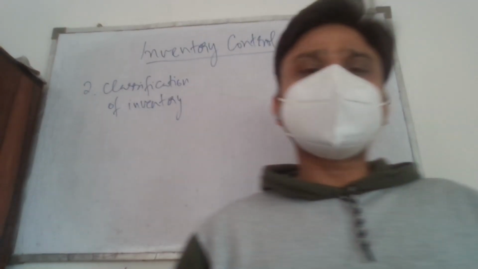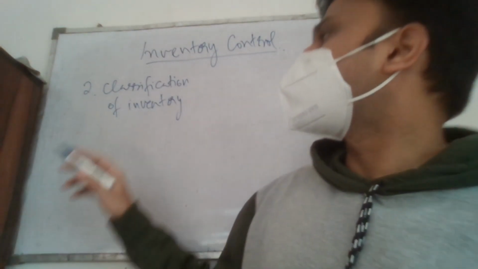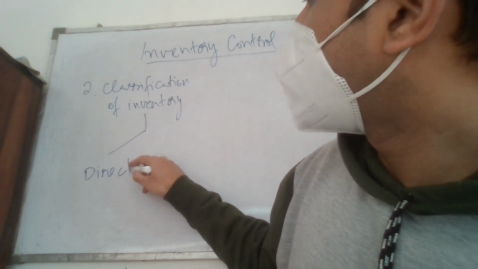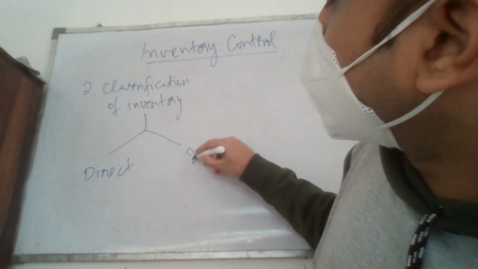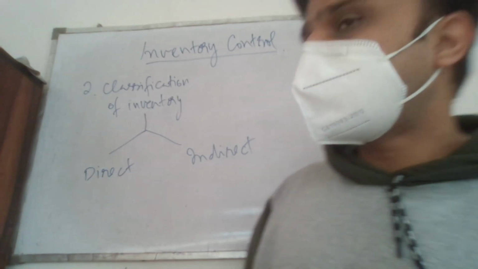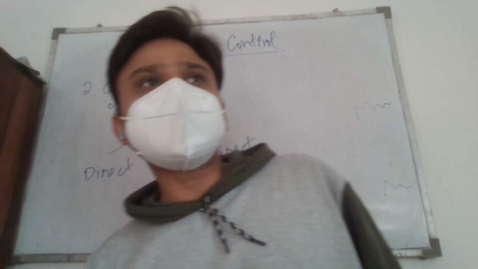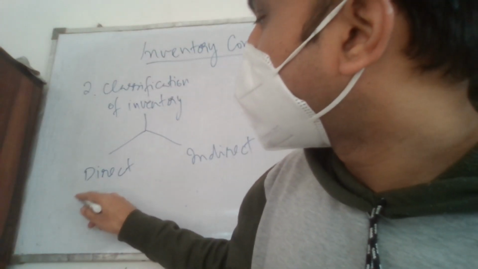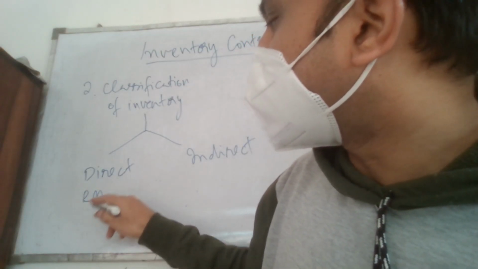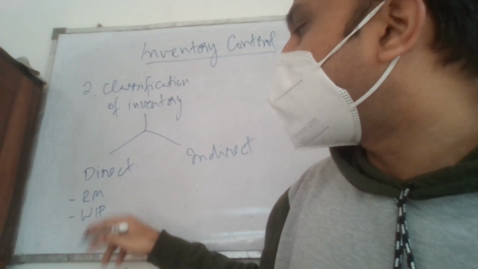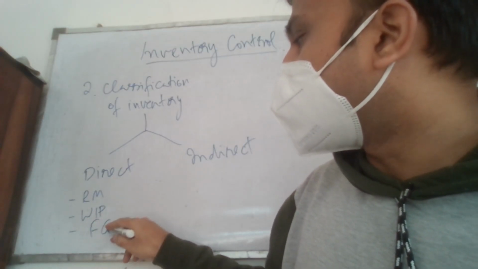So there is also one simpler classification, which is direct inventory and indirect inventory. By direct inventory we mean the items which are used directly. For example, raw materials, which are classified as RM, work in progress inventory, and finished goods.